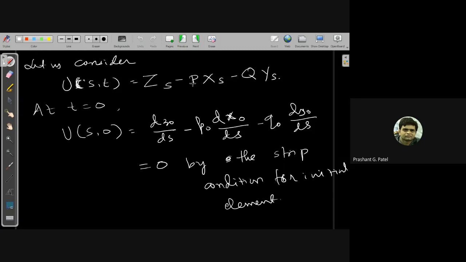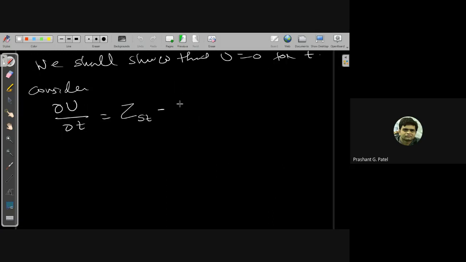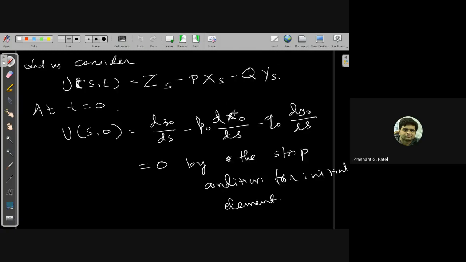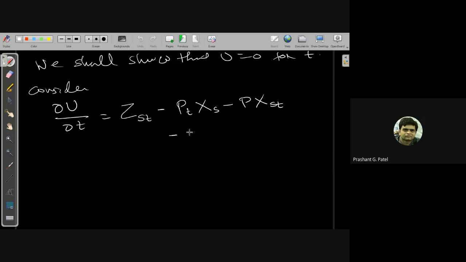The derivative of p is p_t, then x_s as it is, minus p as it is, derivative of x_s is x_st. Then minus q y_s: the derivative of q with respect to t gives q_t y_s, minus q y_st.